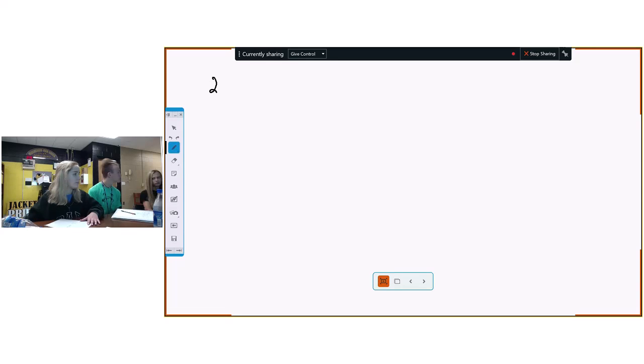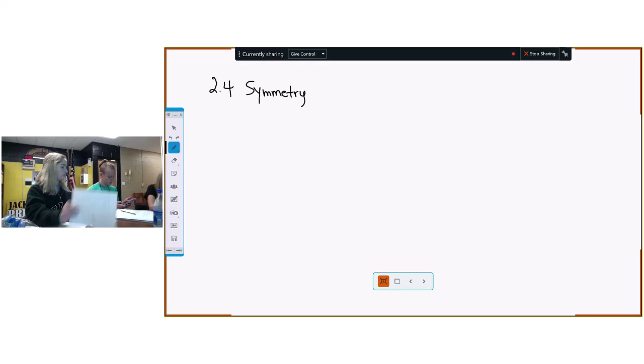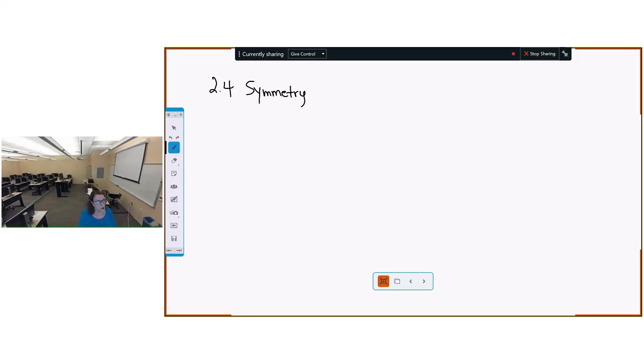Now, 2.4 is symmetry. And you're going to find on Blackboard that I posted a link for some definitions that are going to help you with both 2.4 and 2.5, transformation of functions, and it's also going to help you, I think, in chapter 4.